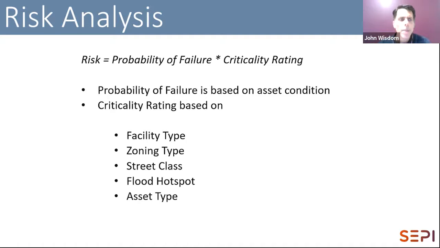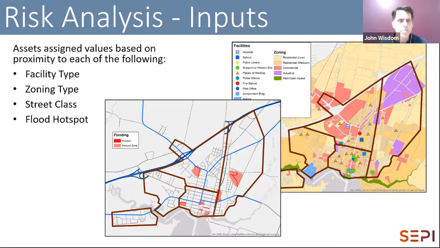The risk itself is, in a general sense, a probability of failure, which is based on the asset condition, from critical all the way to very good condition, and a criticality rating, which is based on several factors such as facility type, zoning type, street classification, flood hotspot, and asset type. So for all the assets that we collected, we assigned these different types, like facility, zoning, street class.